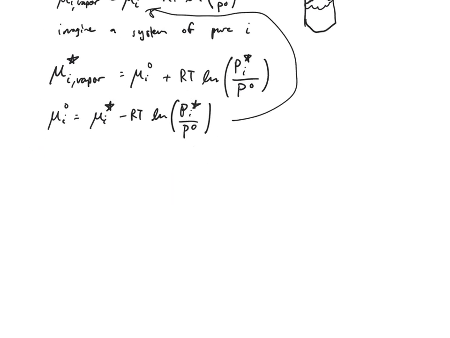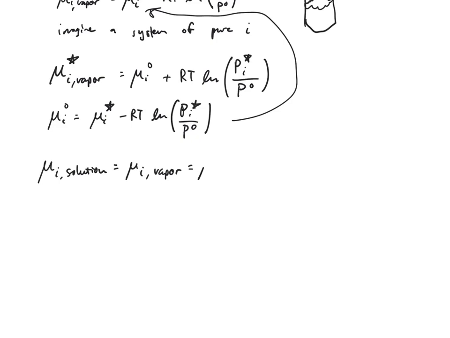So let's do that now. The chemical potential for substance I in the solution is equal to the chemical potential of the substance in the vapor, because they are coexisting with each other.